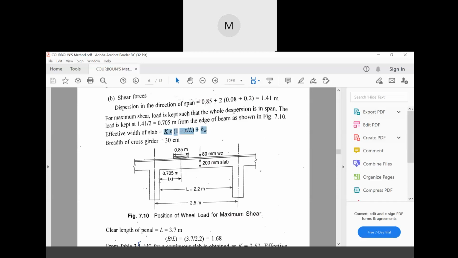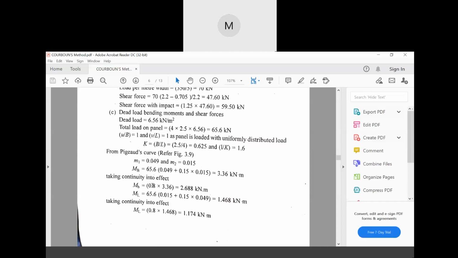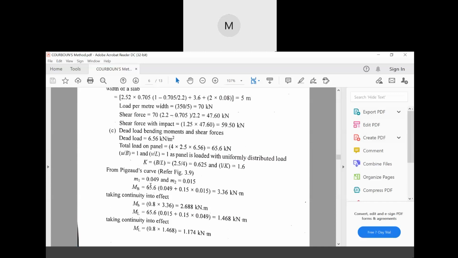Now if you come to the bottom of this, dead load bending moment and shear forces, how will you find out? Look, first of all, you will find out K, the same thing, K, then from Pigeaud's curve, small m1, small m2, then MB, ML, and then after all, you will find out the complete depth.